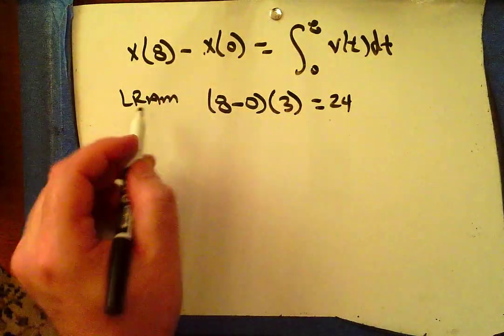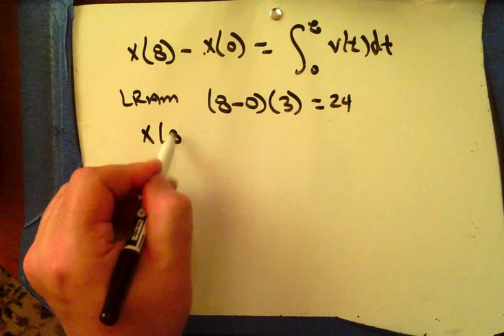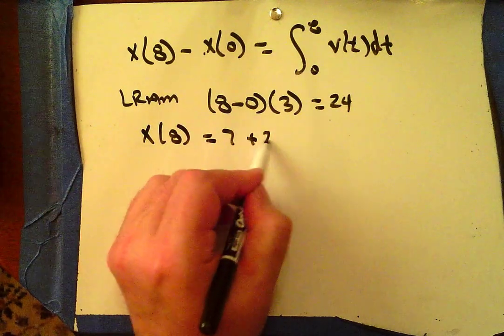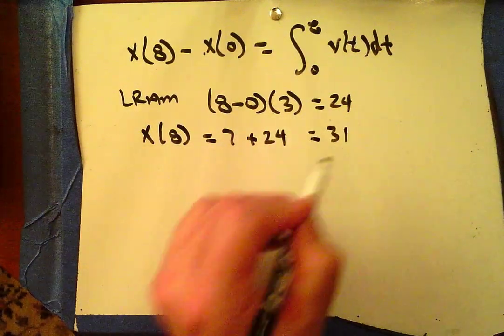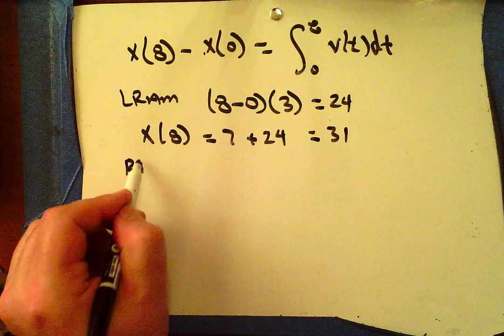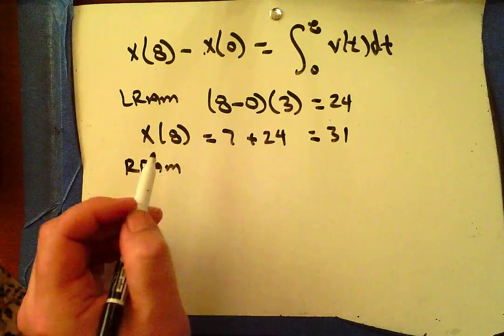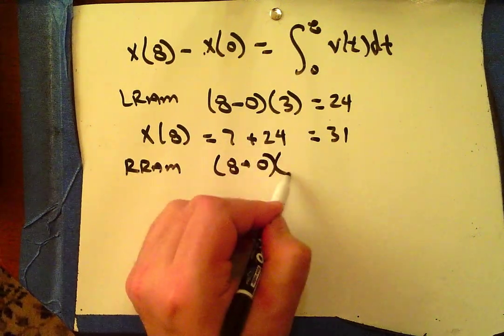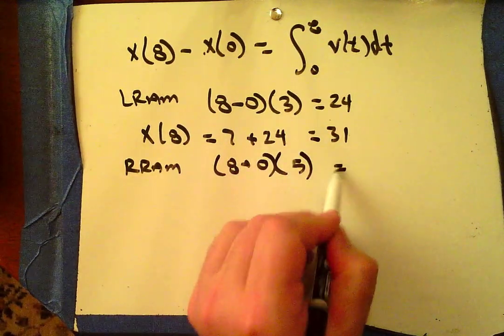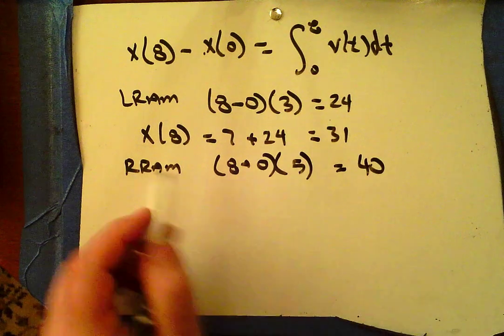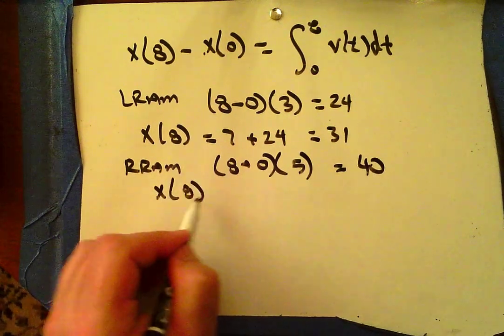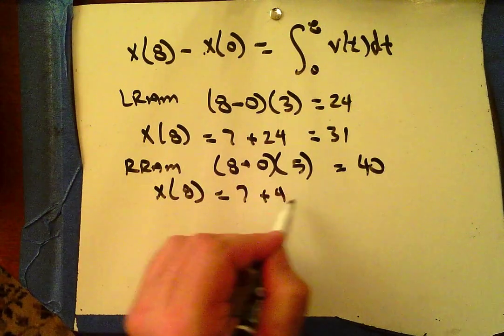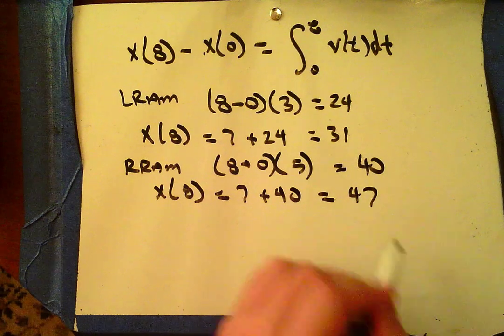Don't forget to add that 7, so x(8) equals 7 plus 24, or 31. And RRAM is 8 minus 0 times the height over there, which is 5, and I get 40. So x(8) equals 7 plus 40, or 47.